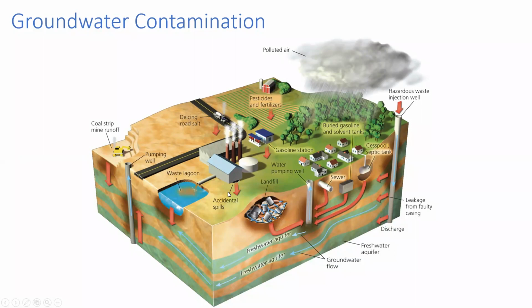Over a period of time when rain falls, it washes this waste, and whatever wash is there slowly goes down in the soil and connects with the freshwater aquifers. So because of our activities on the surface, it is slowly percolating down the soil and getting mixed with the freshwater aquifer that we have.